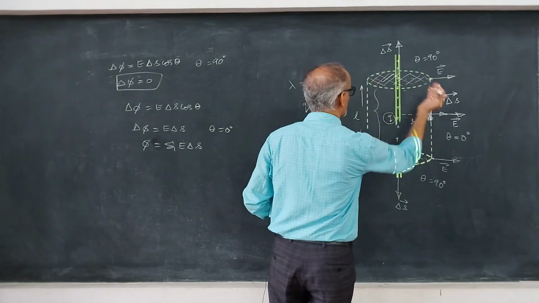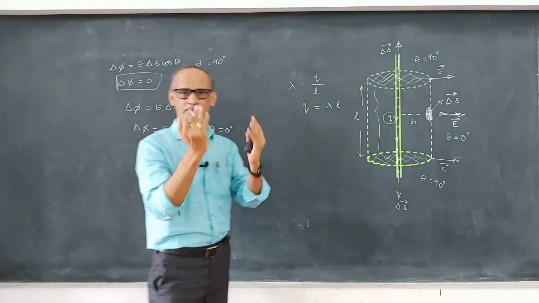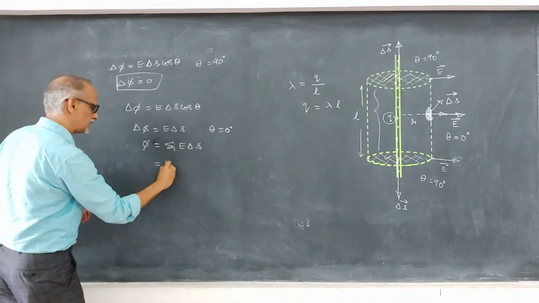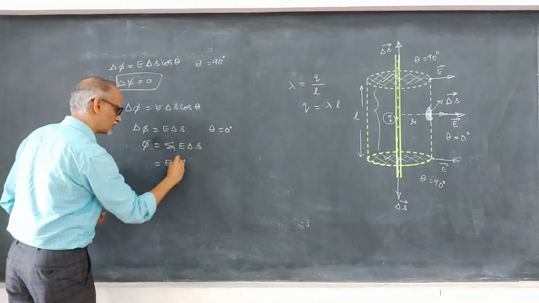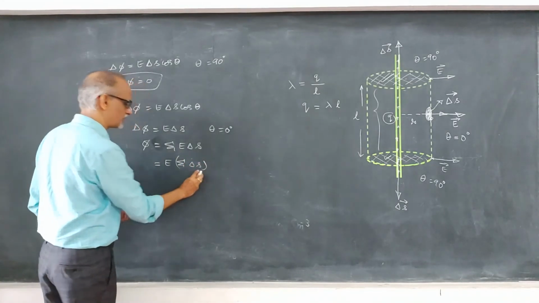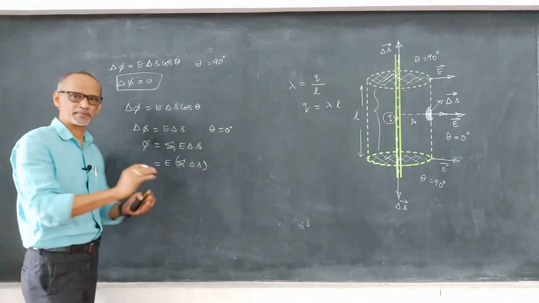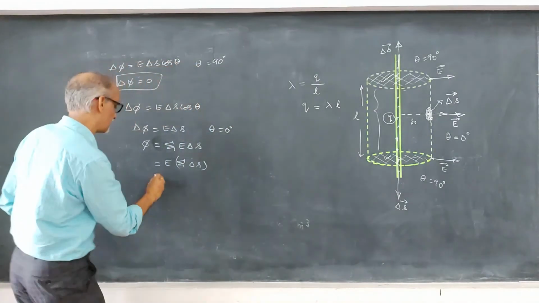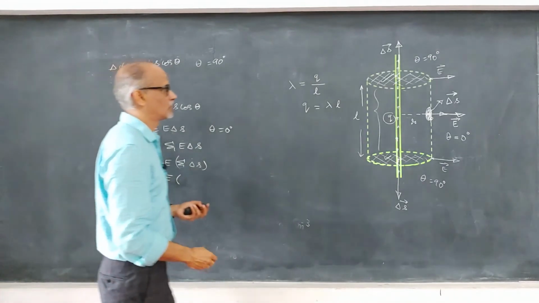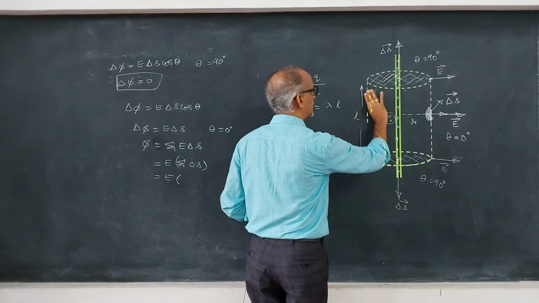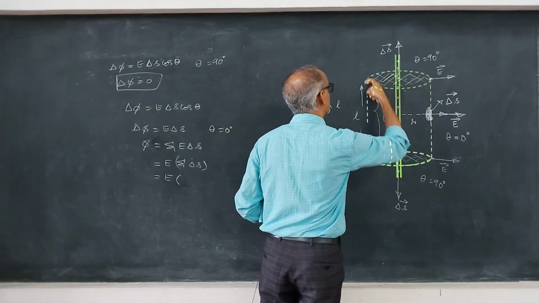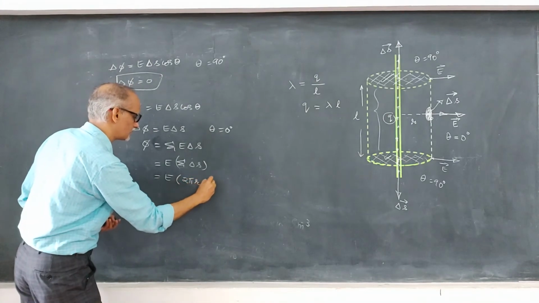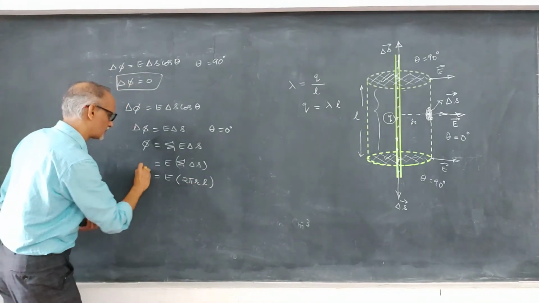I want the total flux through the entire lateral surface of the cylinder, which is given by summation of E delta S, that is E into summation delta S. Delta S is the small area, so summation delta S means the total lateral area of the cylinder, which is the circumference 2 pi r into L. That is the total flux.